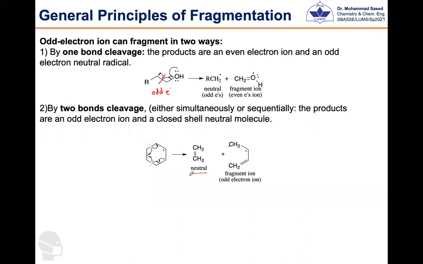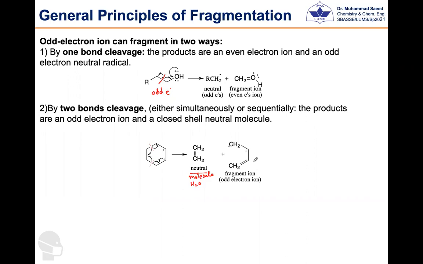So it is a neutral molecule, which can be a simple organic molecule, or water, or carbon dioxide, or another type of small molecule. The second fragment contains both the positive charge as well as the single electron. So this is again an odd electron system. So an odd electron system, when it eliminates a molecule, will generate another odd electron system.